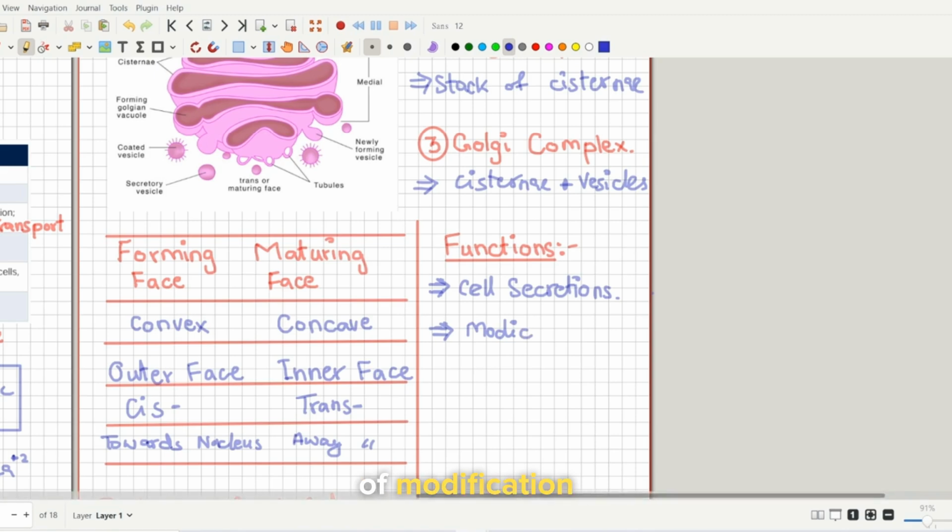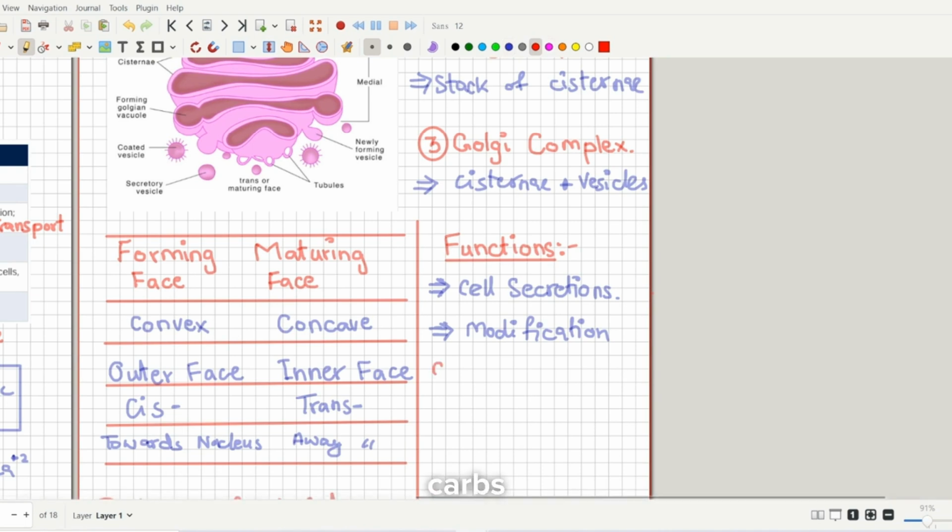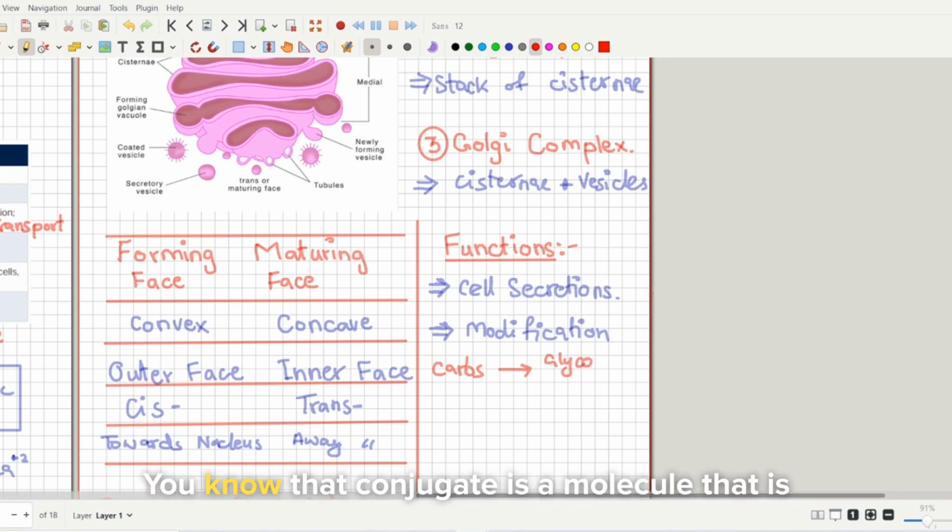of different molecules in your body. The major modification is that it converts carbohydrates into glycoconjugates. What are glycoconjugates? You know that a conjugate is a molecule formed by two different kinds of molecules, like lipoproteins and glycoproteins.